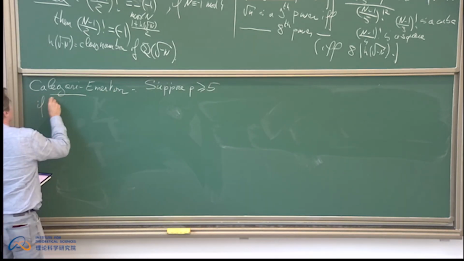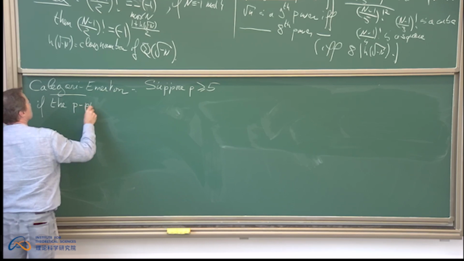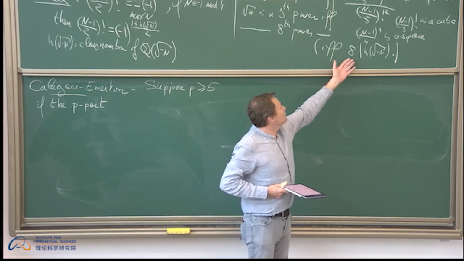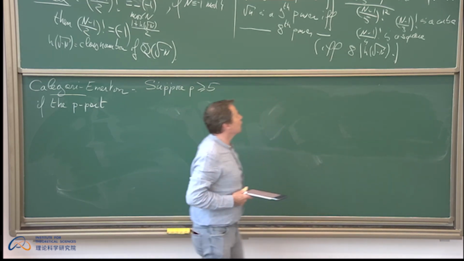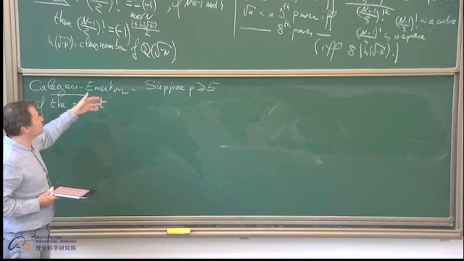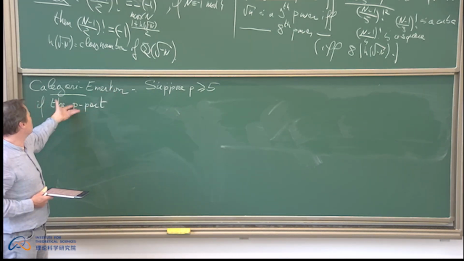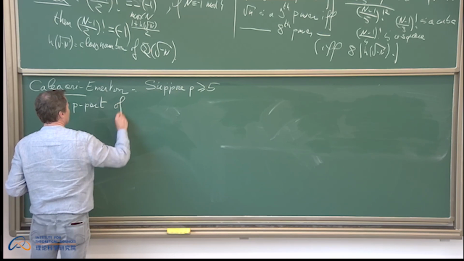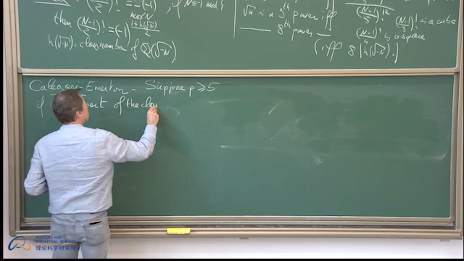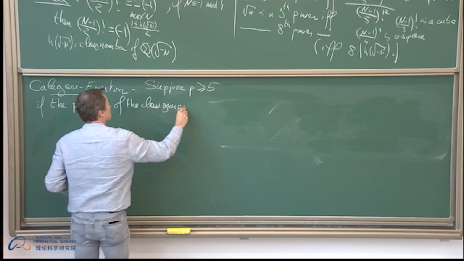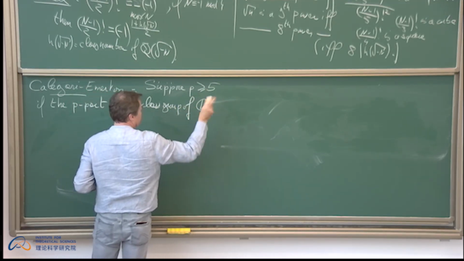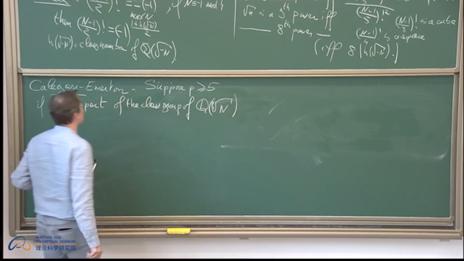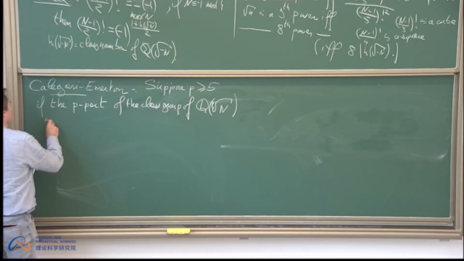So you see, here we were looking at the divisibility of the class number by powers of 2. Now we are going to look at the divisibility of the class group by powers of p. And specifically, if the p part of the class group of Q, so this time we take the field generated by the p-th root of n, the p part of the class group is non-cyclic.